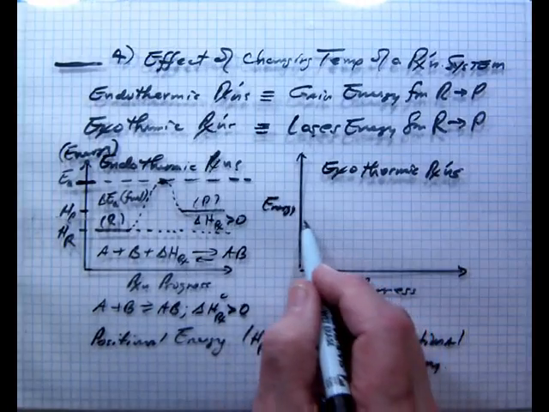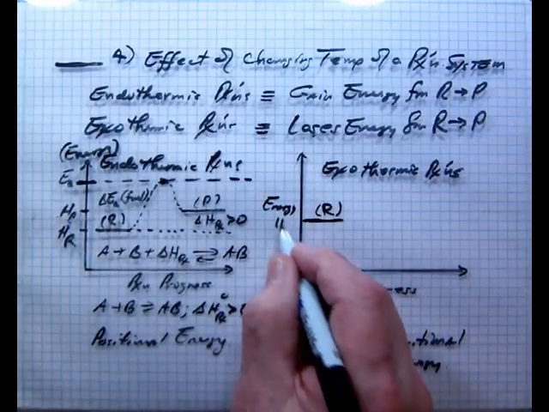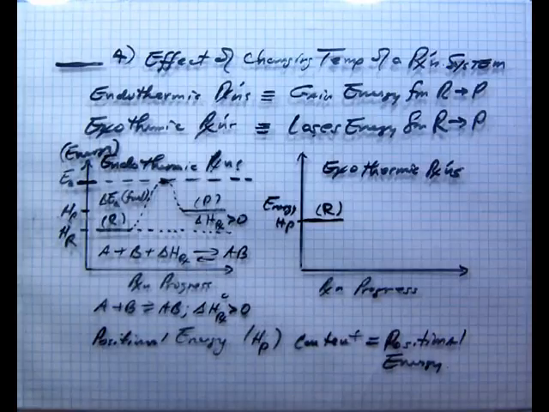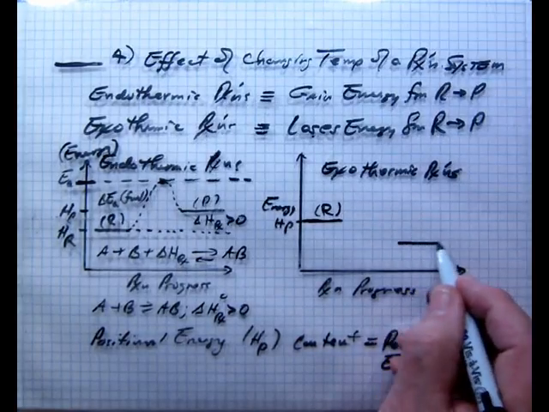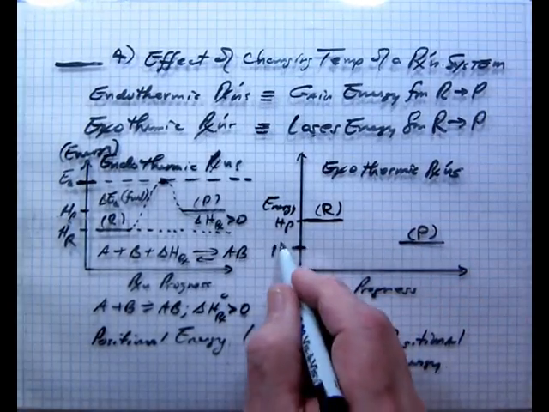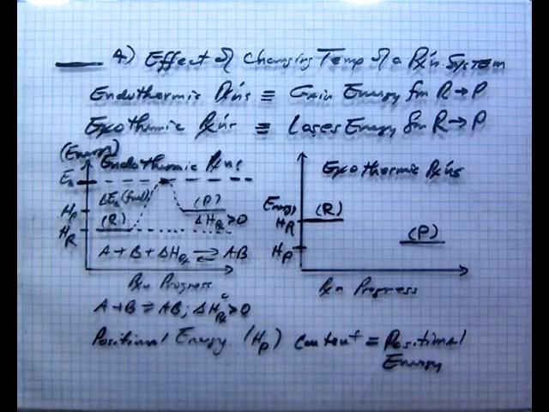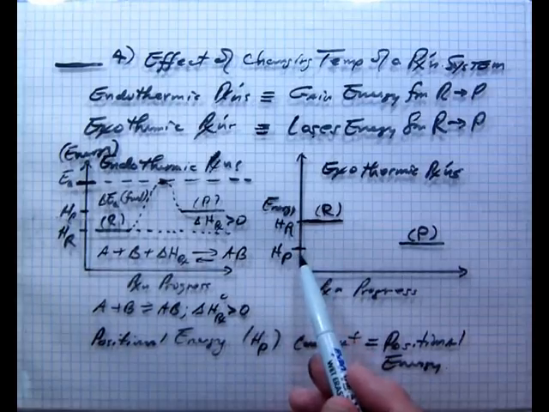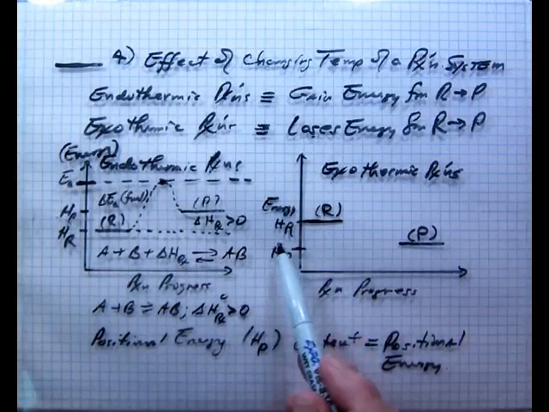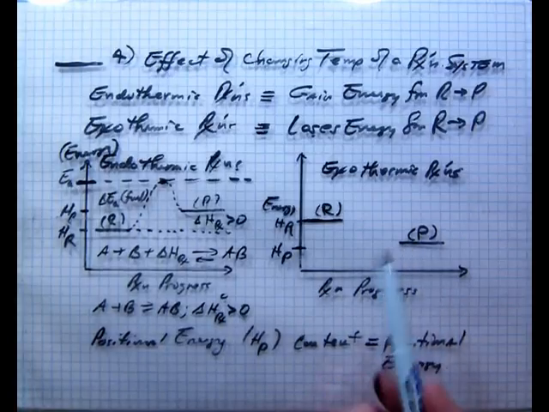So if we start with our reactants right here, then the positional energy of the reactants is what we're talking about. And when the reaction is complete, we find the product's positional energy is right here. This is reactants, and this is products, sorry. If I take the products, which is a lower number, minus the larger number, I'm going to get a negative value, indicating a loss of energy.